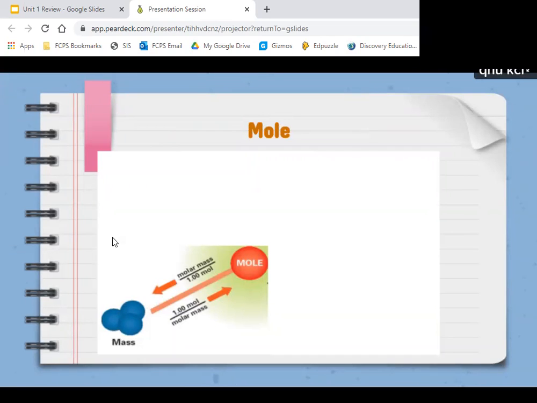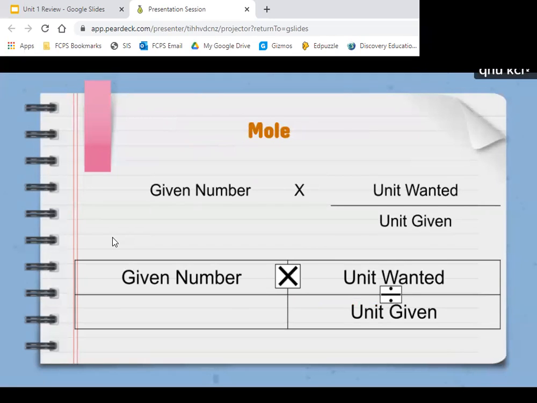Now, going on to moles. The only thing about moles that you have to know for now is the molar mass, which you can find from the periodic table. You have probably seen this equation before. The given number, which is the number that you see from the problem itself, times the unit wanted, what you're trying to figure out. So if the question says, what is the mole, you're figuring out the mole. What is the mass, you're figuring out the mass.